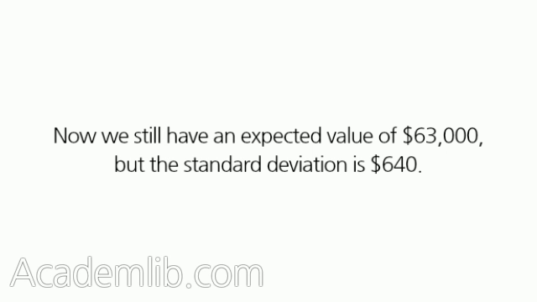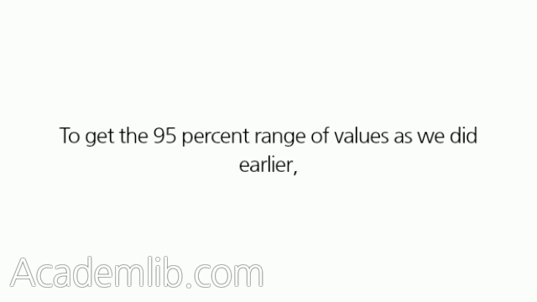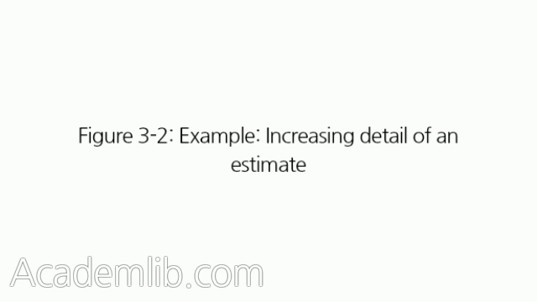Now we still have an expected value of $63,000, but the standard deviation is $640. To get the 95% range of values as we did earlier. Figure 3.2, Example, Increasing Detail of an Estimate.